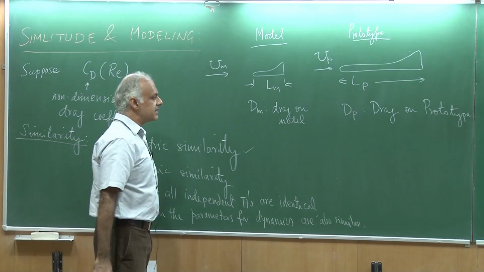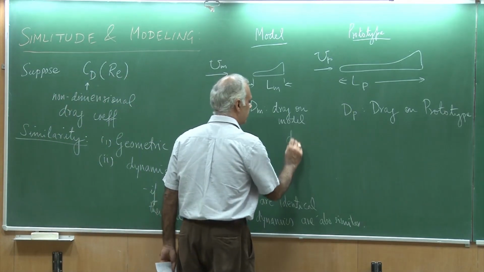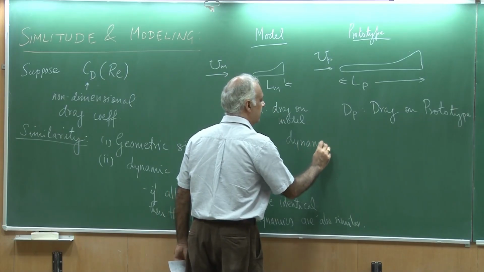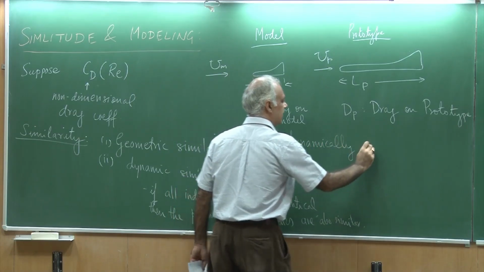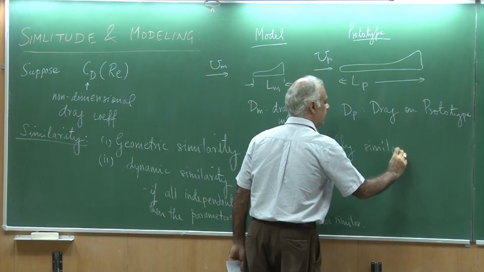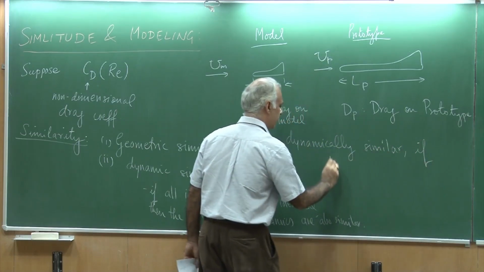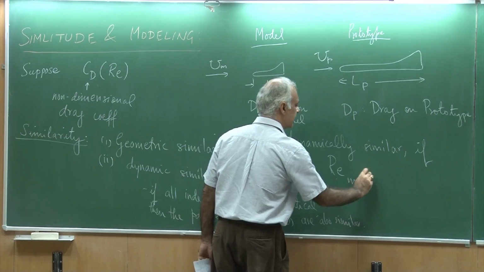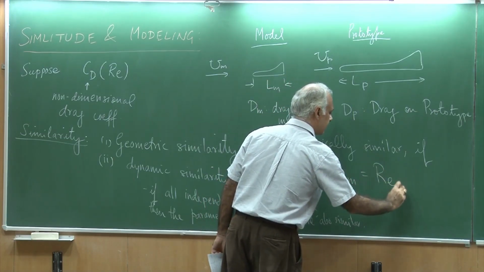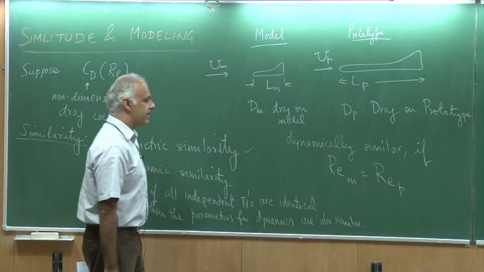Dynamic similarity is going to be ensured, so the flows are going to be dynamically similar, if the Reynolds number for the model is the same as the Reynolds number for the prototype.